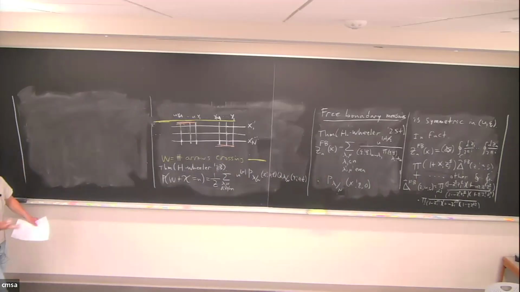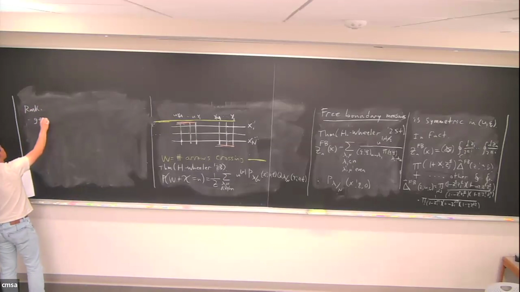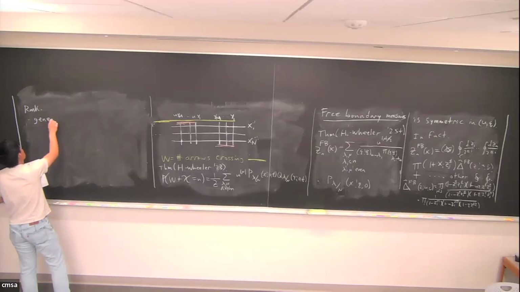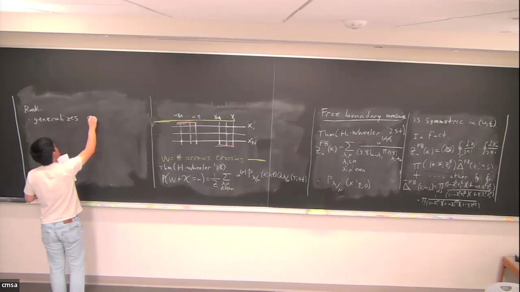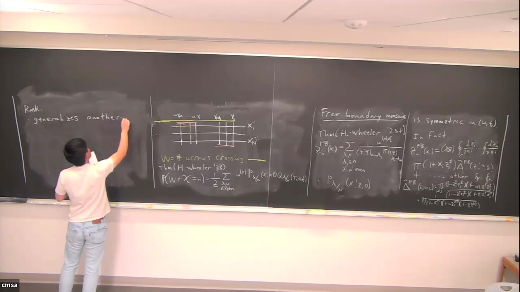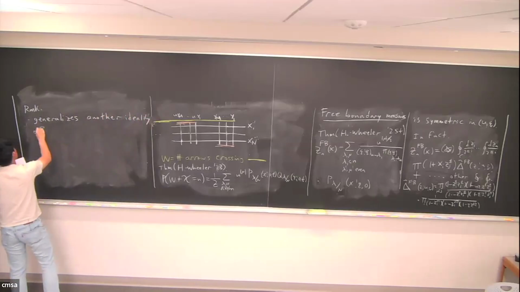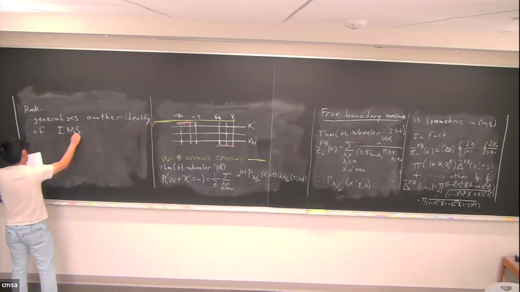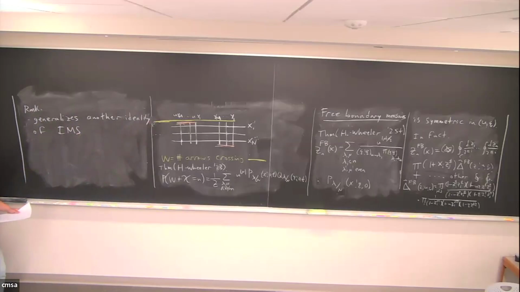So this formula did not come from nowhere. It generalizes another identity of Imamura, Mucciconi, and Sasamoto. Their names appear a lot, so I'll just abbreviate it.